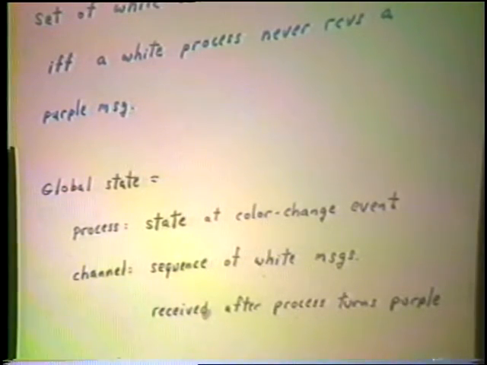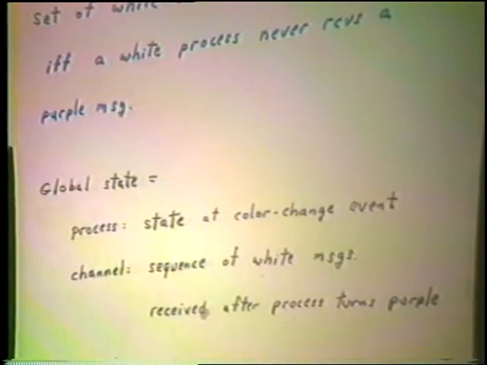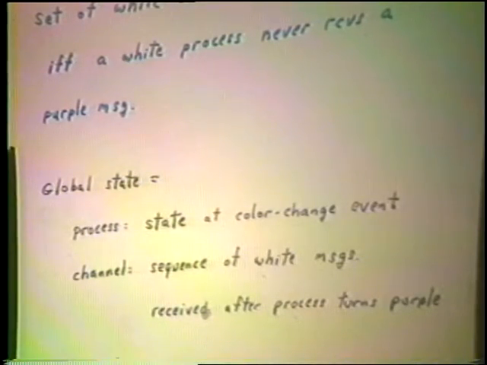Well, the process turned on his tape recorder immediately upon becoming purple, and he turned it off when he got the marker message. The marker message says that you've seen the last white message on this channel, and every future message that comes in is going to be a purple message. So that tape contains exactly the set of white messages that were received by this process after it had turned purple.